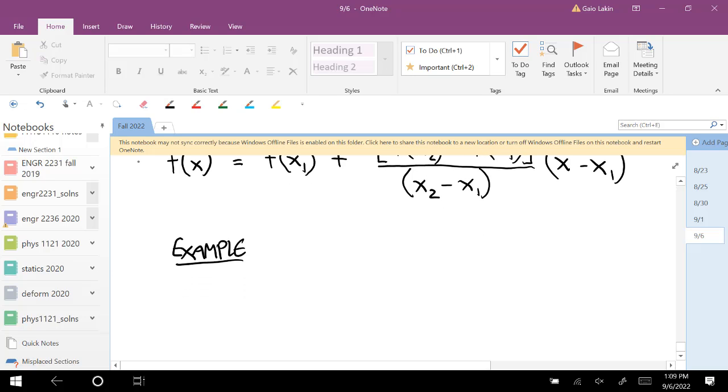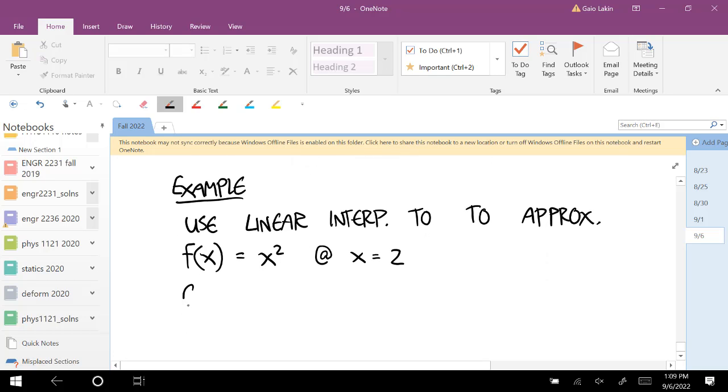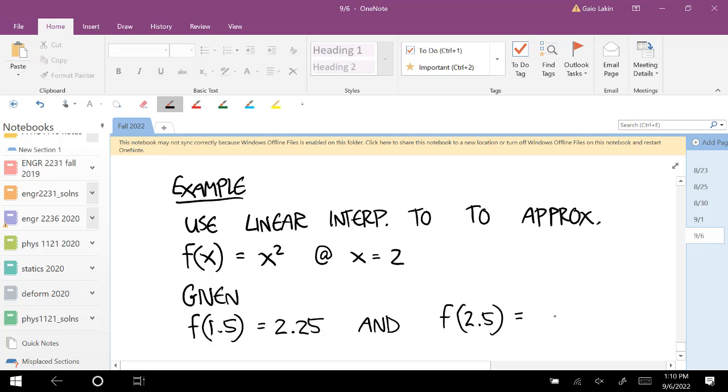So let's use linear interpolation to approximate the function x squared at the point x equals 2, given that what we know is the value of the function at 1.5 is 2.25, and the value of the function at 2.5 is 6.25.